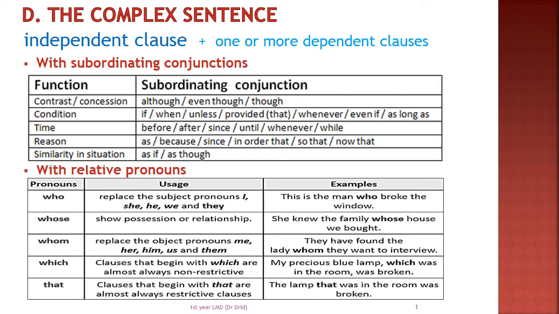Then those which express time, others express reason or cause, and the last category expresses similarity in situation. This is a general classification according to their meanings. So the writer chooses the one which is appropriate for the meaning that he or she wants to express.